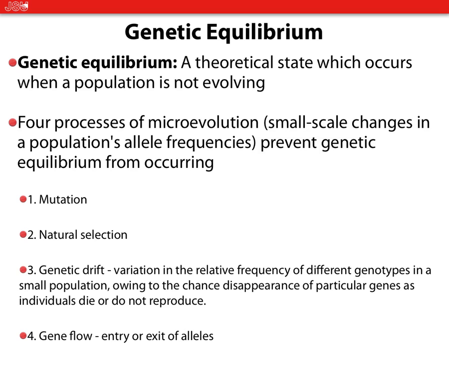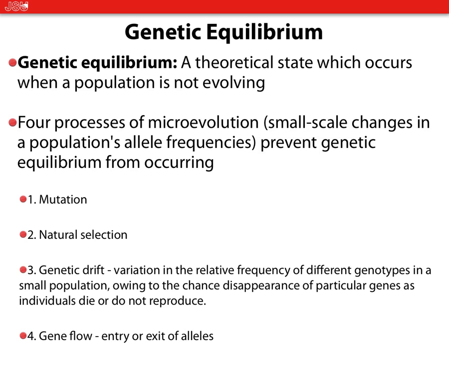In biology, it's like a perpetual motion machine. It's a theoretical device. This is a theoretical situation. We don't see genetic equilibrium happen. We see situations where it's really close, but there's always going to be some type of change that will lead to evolution.